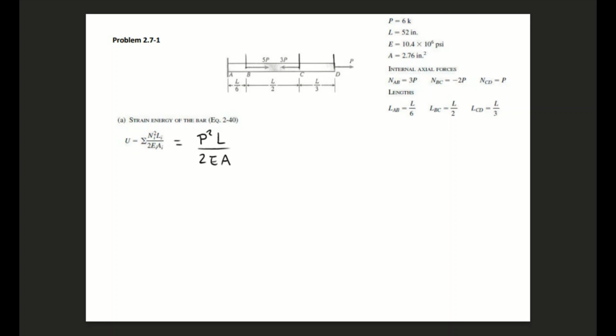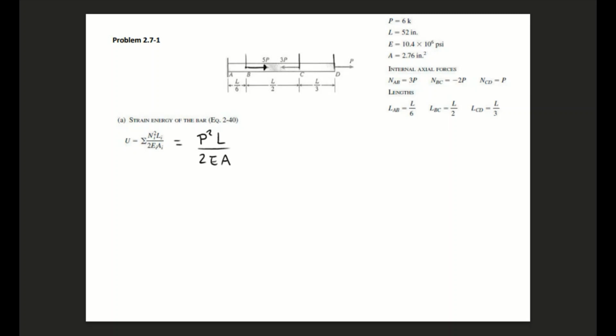So this section is going to feel a 2P force. And then in this last bit, we have a 5P pulling in that direction, so we're going to have another 3P going that way.